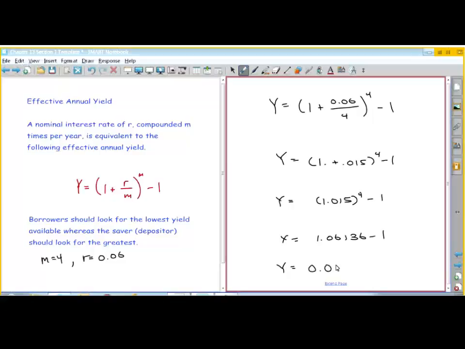So the annual yield is 0.06136, or 6.136%. So when they advertise a yearly interest rate of 6%, because of quarterly compounding, you're effectively getting more than that. You're getting 6.136%. So you can expect after a year that that'll be your interest, not 6% of your balance, but 6.136.